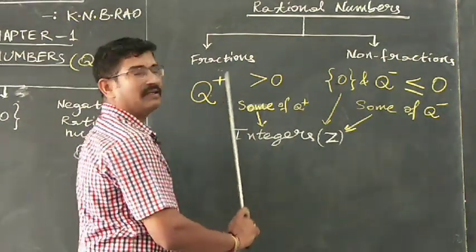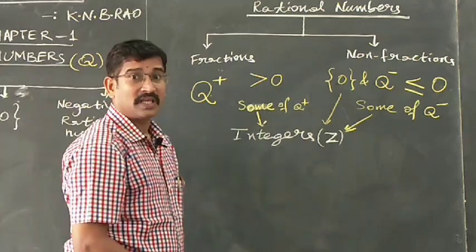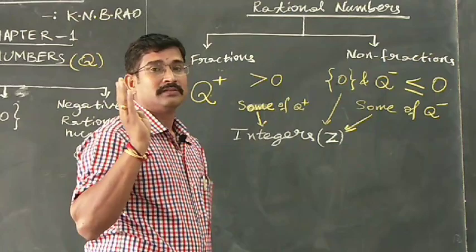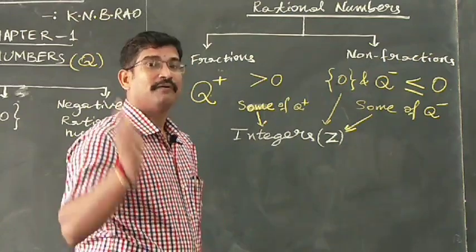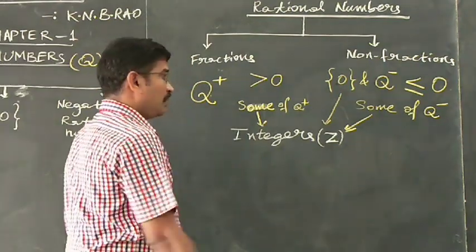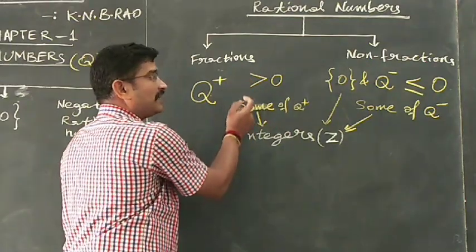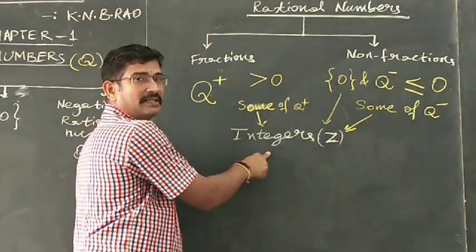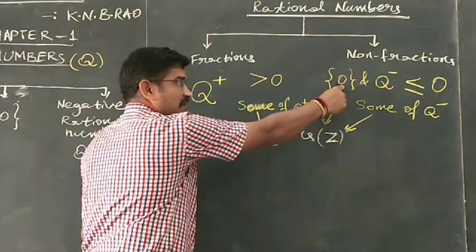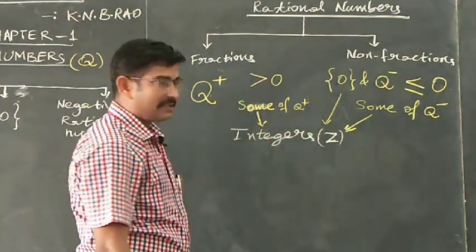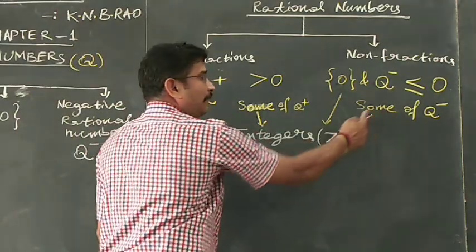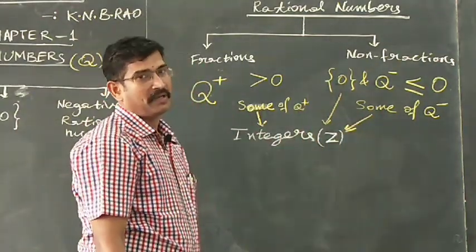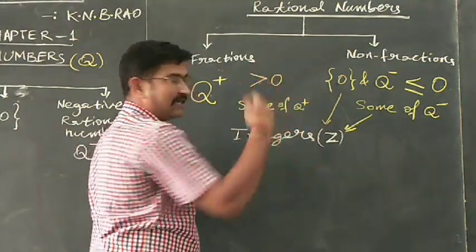All the fractions are more than 0, keeping in view exempting non-examples of rational numbers. So, some of the positive rational numbers come under the integer set, 0 comes under the integer set, again some positive rational numbers whose denominator is 1 come under integers.